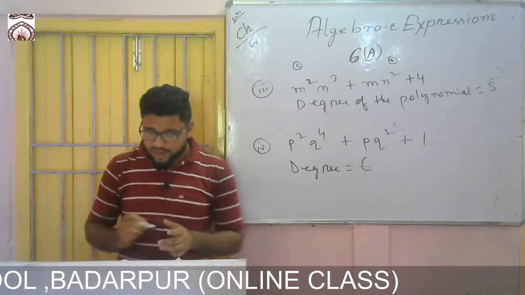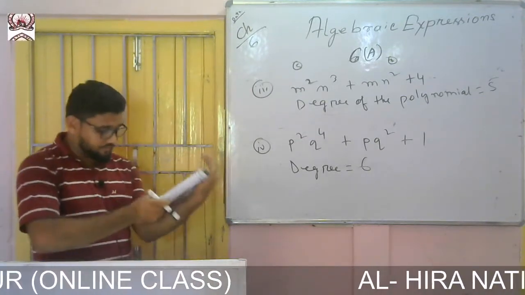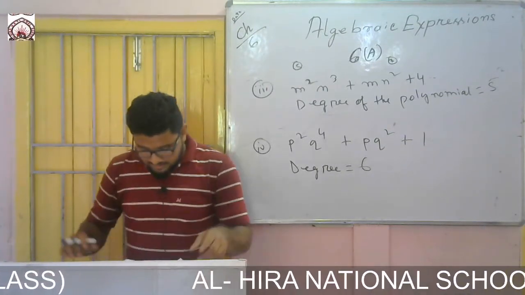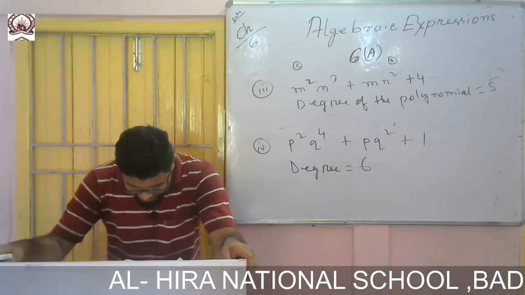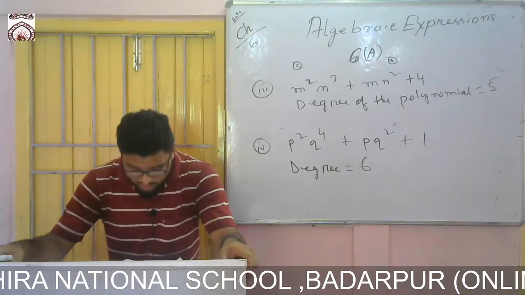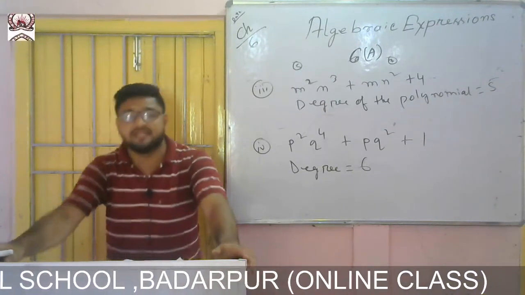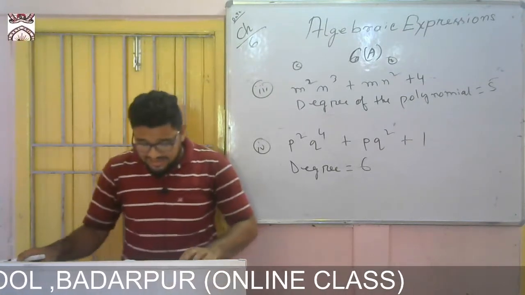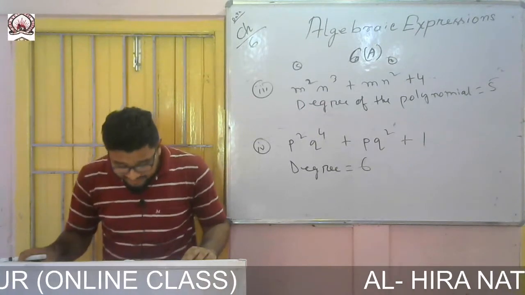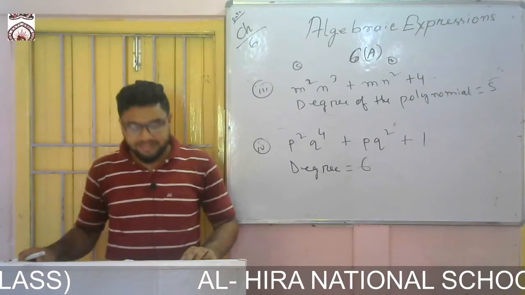So now come to higher order thinking skill, HOTS. So what is there, you see? The question is given: if 4 vertical lines plus 3 horizontal lines plus 1 square box represents 4x square plus 3y square plus z, then write the algebraic expression for 4 horizontal lines plus 3 square boxes and 1 vertical line.